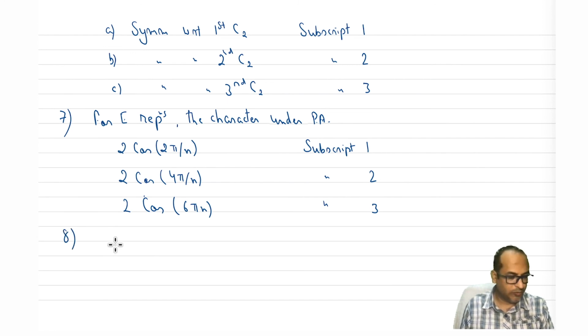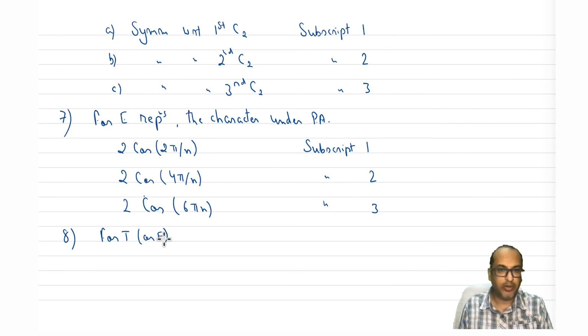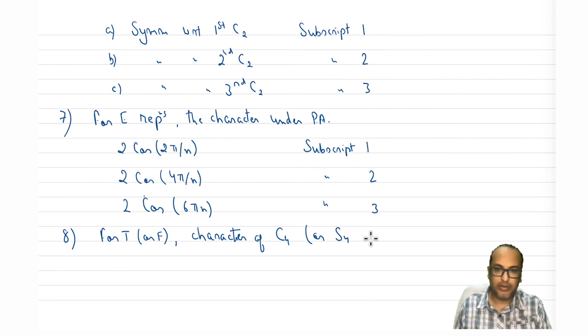And the last rule for nonlinear molecules is, and this is for D or F if you are looking at vibrational spectroscopy, the character of C4 or S4 or C5, in that order.